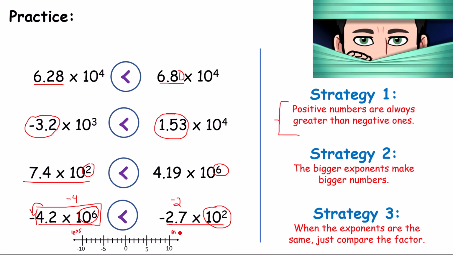You may want to pause and think about that for just a second. You may want to replay that and listen to it a couple times, because when both of our numbers are negative, that is really the trickiest part of what we have to do here. What we want to do is think about the scientific notation itself first, and then try and realize what that negative sign does in terms of direction.